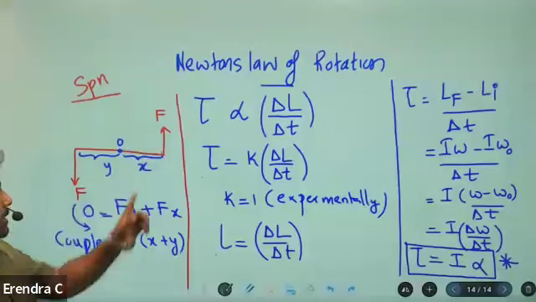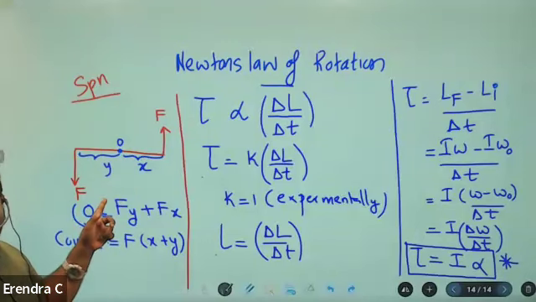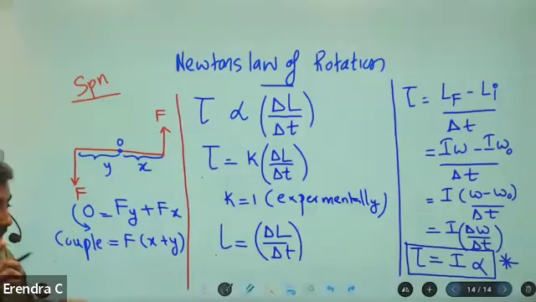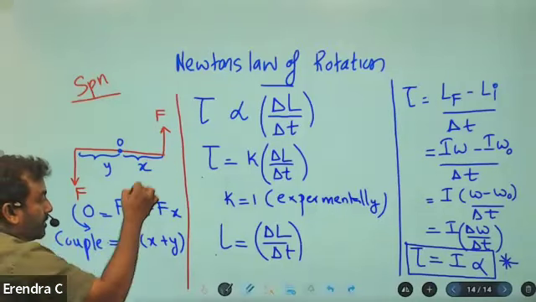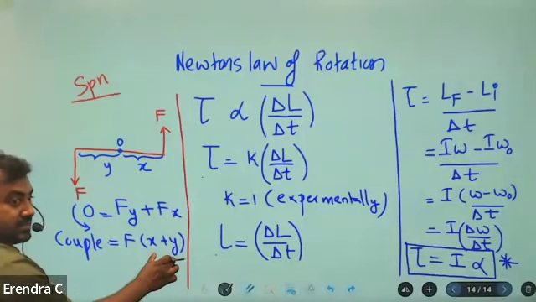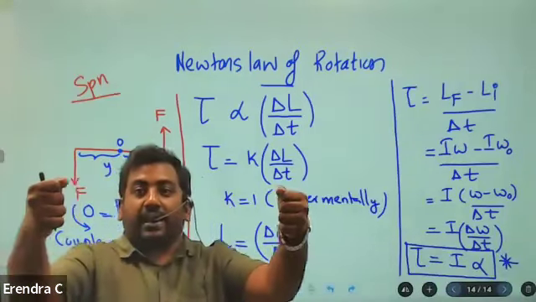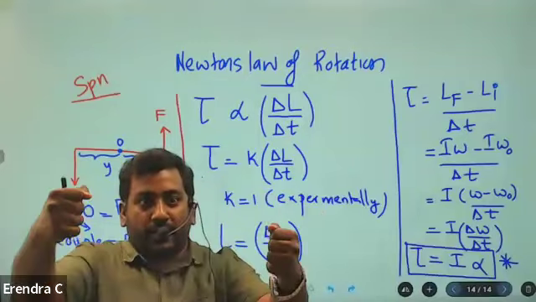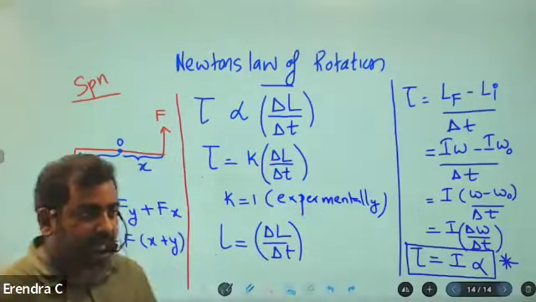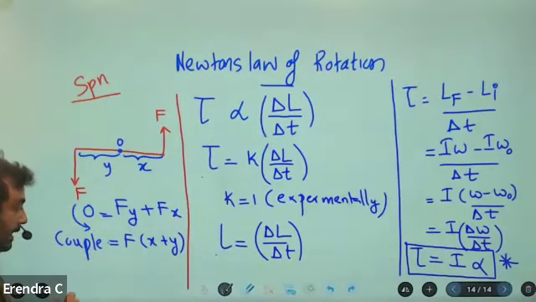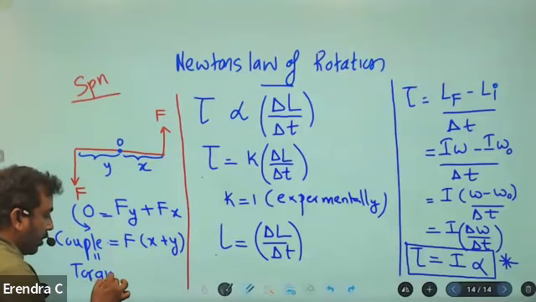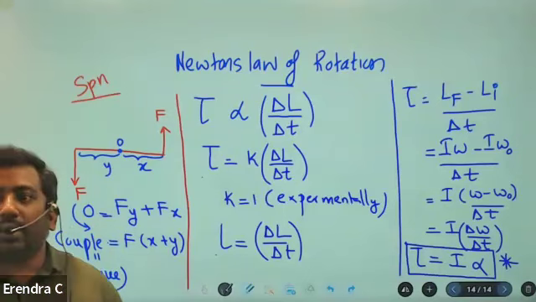You need a couple of forces, but they can't be along the same line. They should be on different lines. Look at the couple: one of the forces multiplied by the perpendicular distance between the forces. Steering wheel: one, two, equal force. One force multiplied by perpendicular distance. These are also a couple, which is also equal to torque. Don't forget.